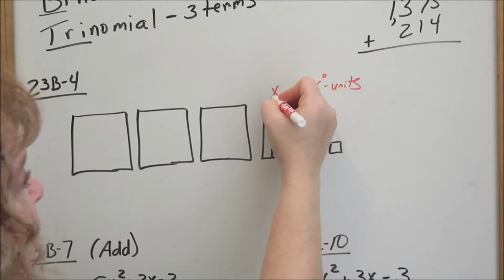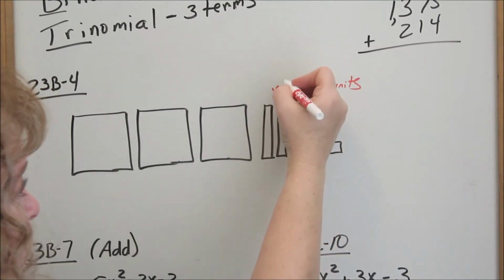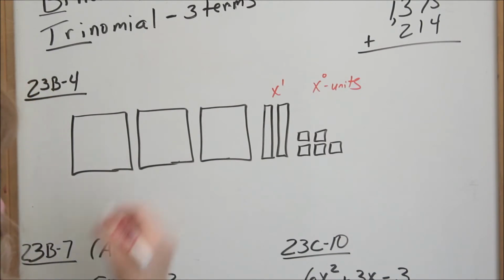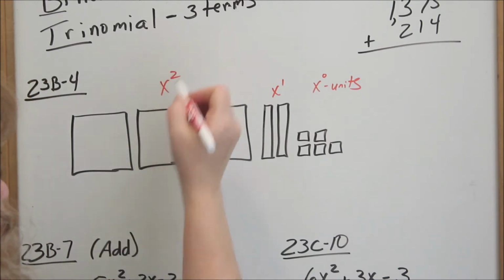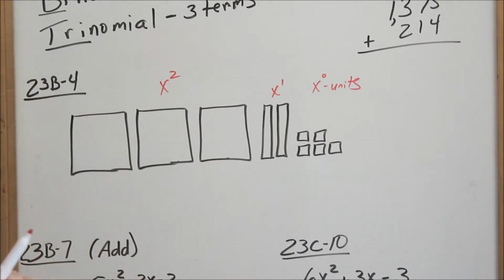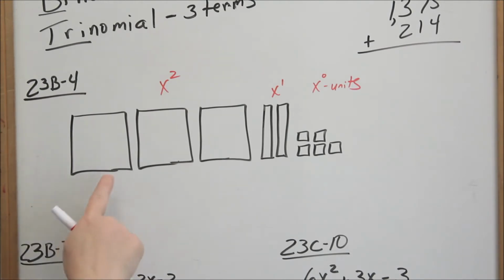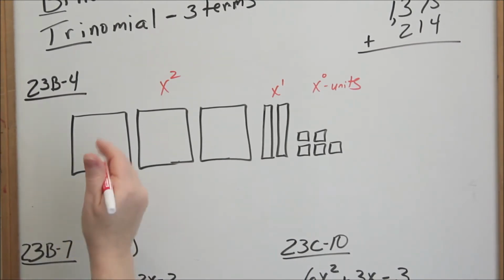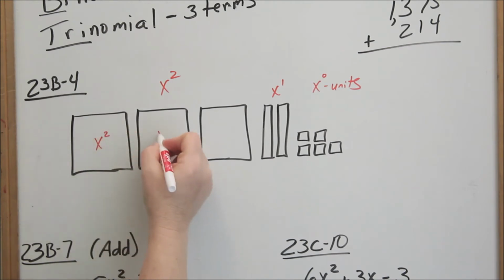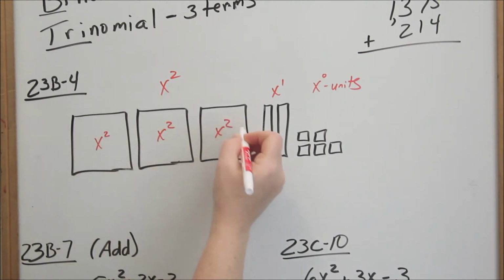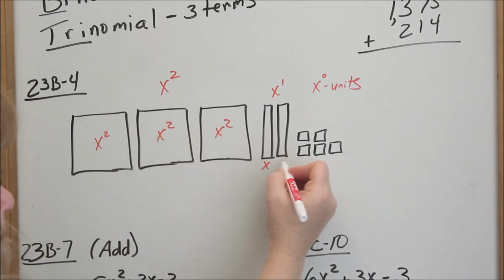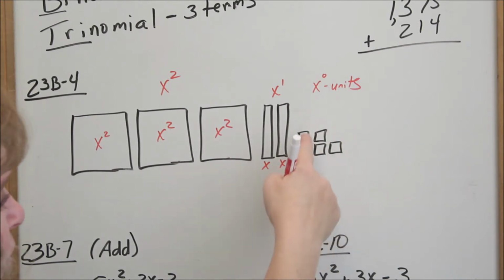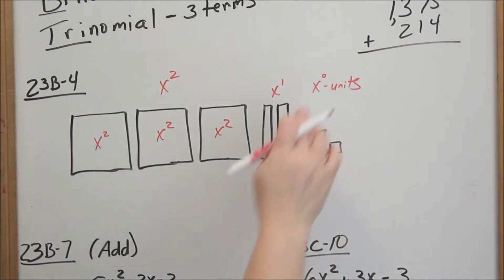And then this is your x, just your x to the 1st place value. And then this is your x squared place value, okay? So when you see these big blocks, they represent an x squared. When you see these, they represent an x, and these are just whole numbers, like units.